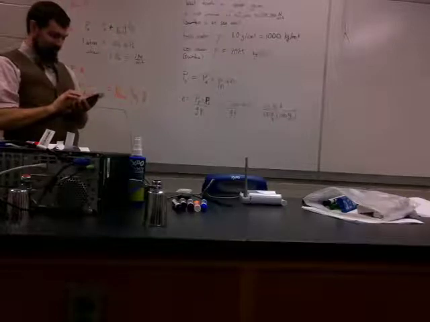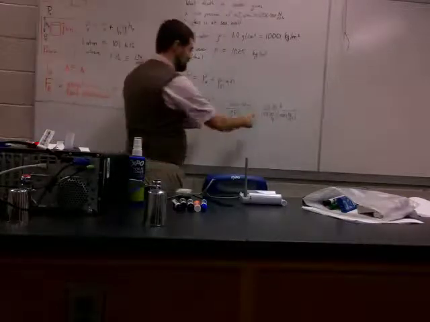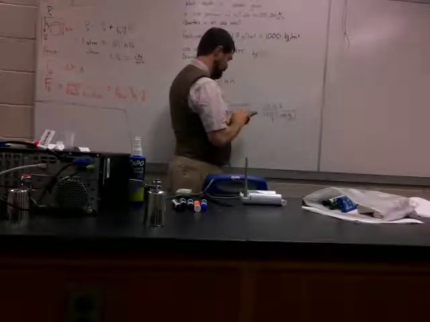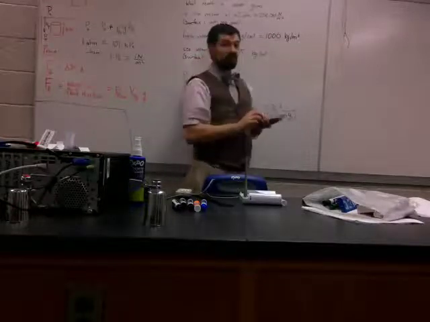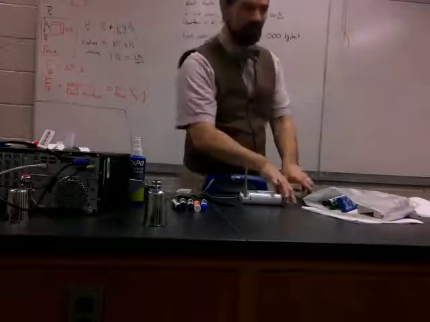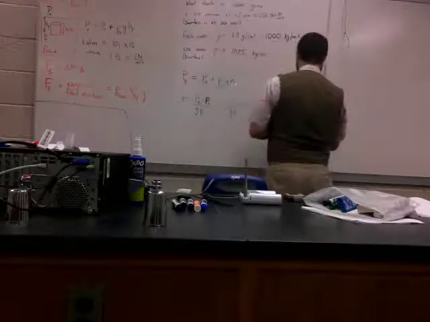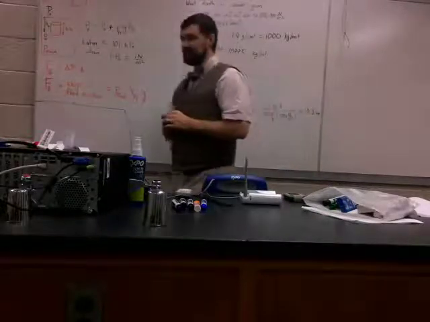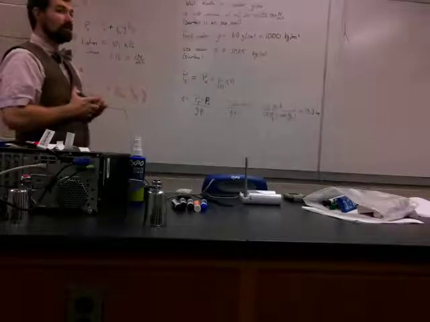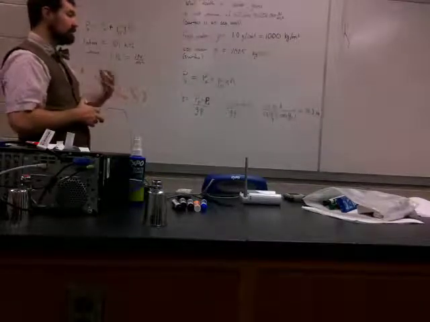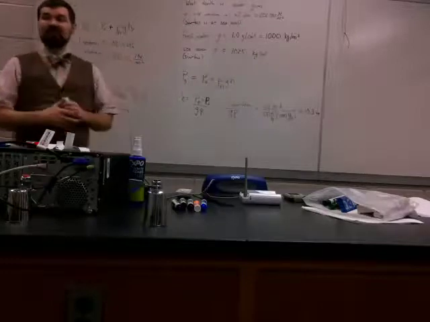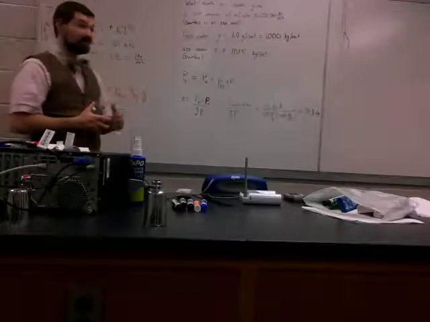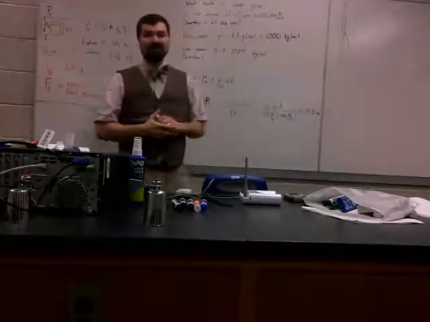We have 101,000, dividing it by 9.8, dividing that by a further 1,000, we get 10.306. I've picked up an extra significant figure or two. If you want a good approximation, 10 meters of depth in freshwater gives you 1 atmosphere of additional pressure. And the approximation is even better, as it turns out, in salt water.